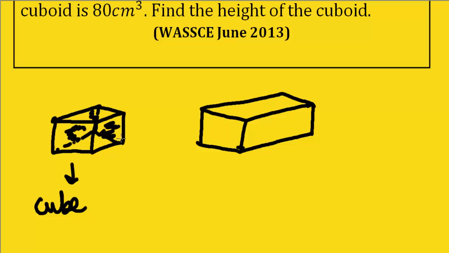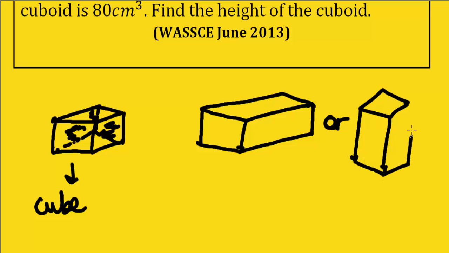I'm going to assume you know what a cube is, because it's something you encounter from a very young age. A cuboid is kind of the opposite, because you can have a cuboid looking like this, or a cuboid looking like this. At the end of the day, it looks like a stretched out cube.